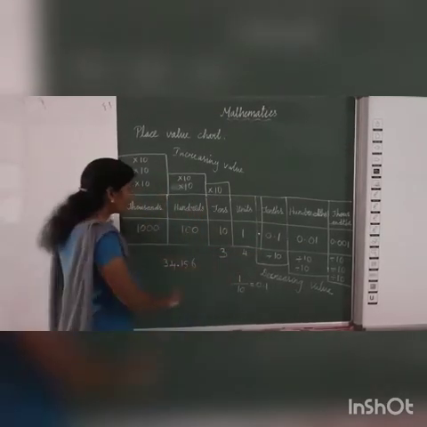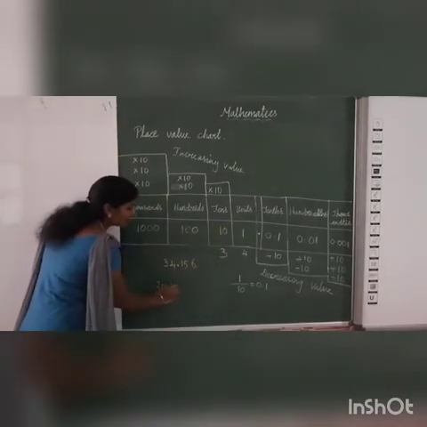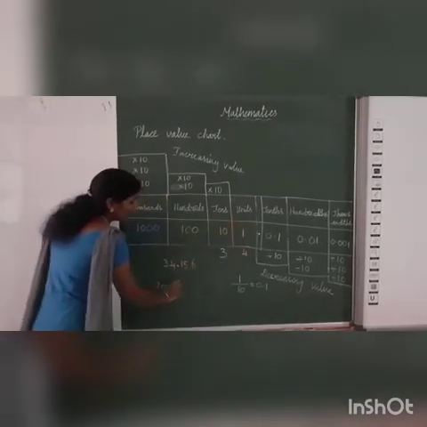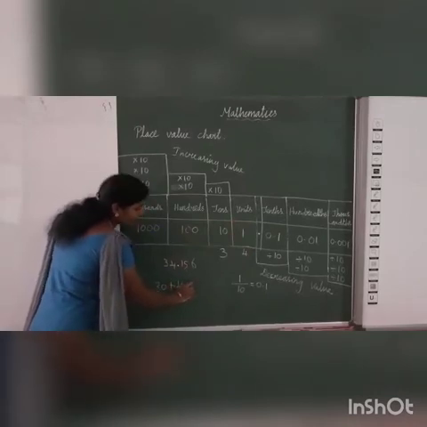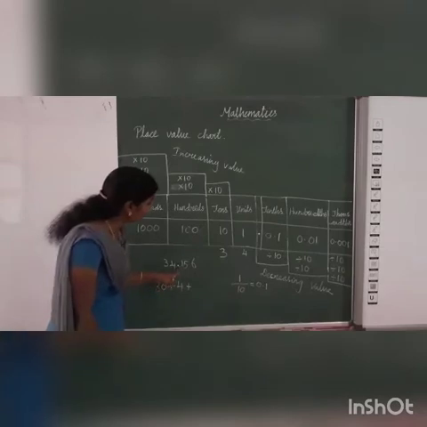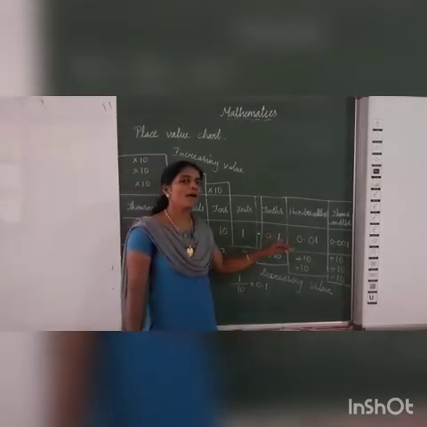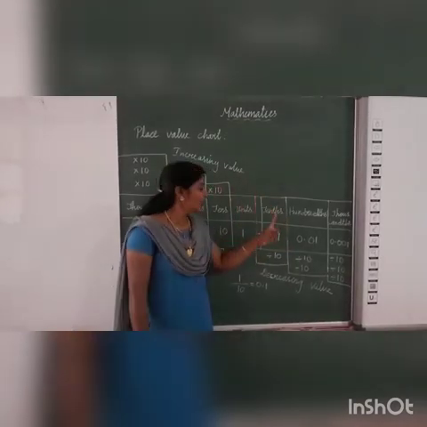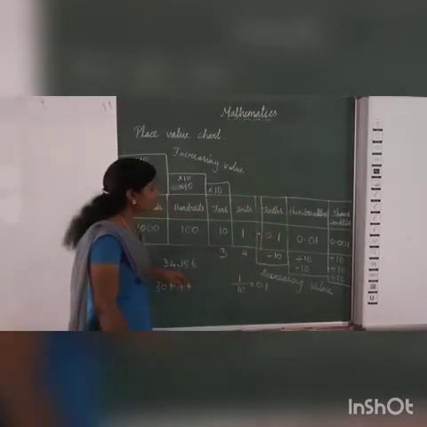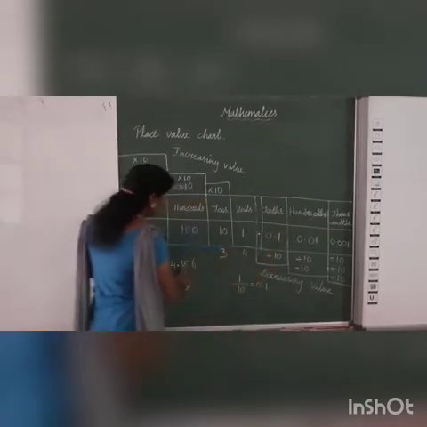So 3 tens means 30 plus 4 ones means 4 plus, we can write in expanded form. Okay. Now after the decimal point 1. After the decimal point, the first place is tenths. 1 means 1 by 10. Isn't it? Divided by 10. 1 by 10.